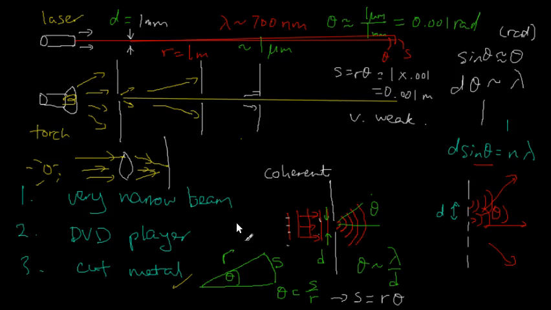In the last video, I talked about why the laser is useful, why it has these features like a very narrow beam, why it can be used in a DVD player, why it can cut metal.